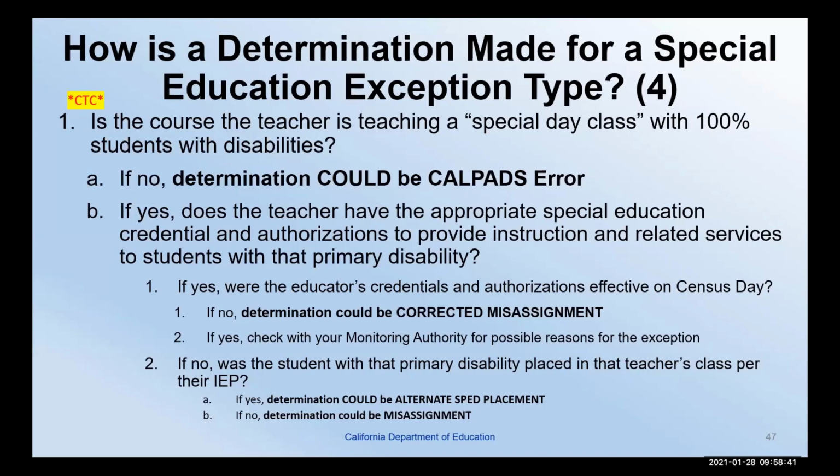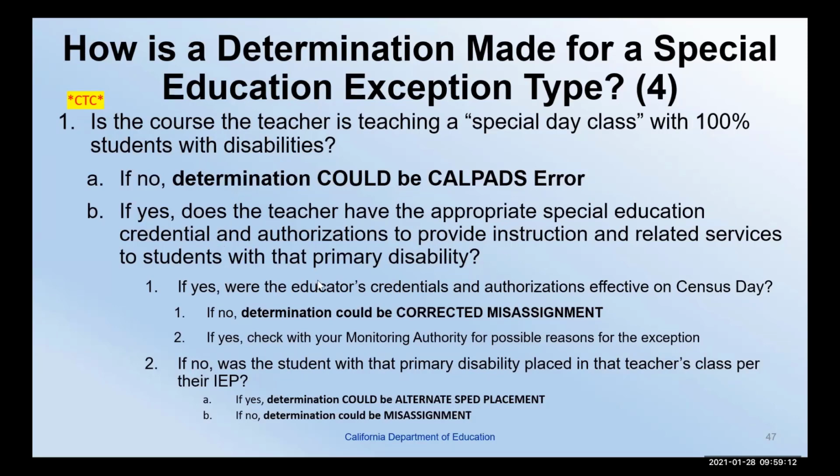You'll want to review the teacher's authorizations to see if they hold an appropriate special education authorization to provide instruction and related services to students with the primary disability that's listed on the exception. If they do, then you'll want to check if the document was valid on census date. If the document was issued after census date, but prior to monitoring in CalSAAS, then it's possible it could be a corrected misassignment.